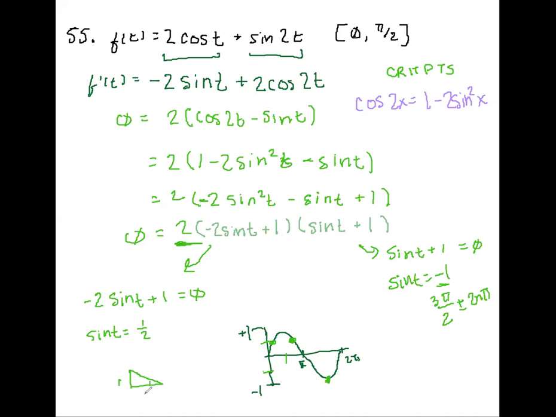That is 1, that is 2, and that is root 3. So the opposite over the hypotenuse is 1 over 2, so that is pi over 6. Okay. And there should be another point where that is the case.